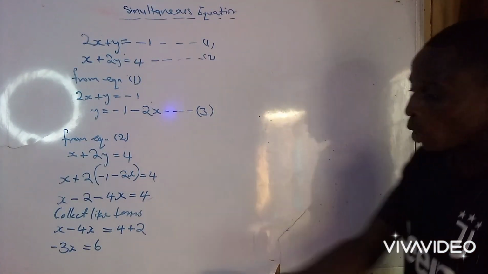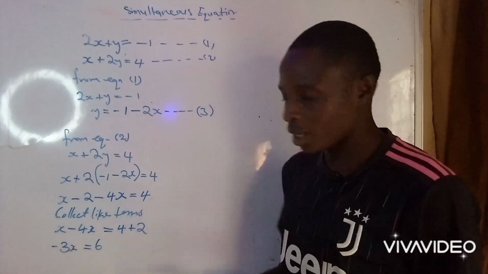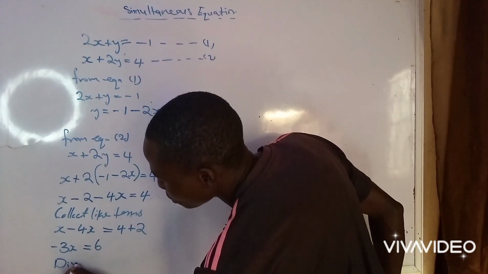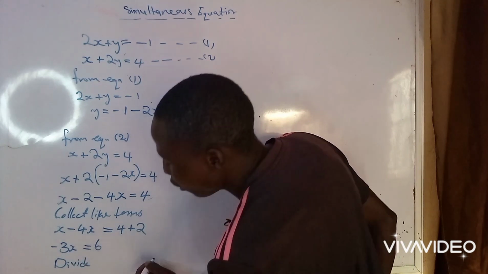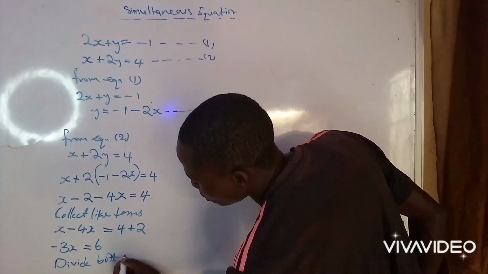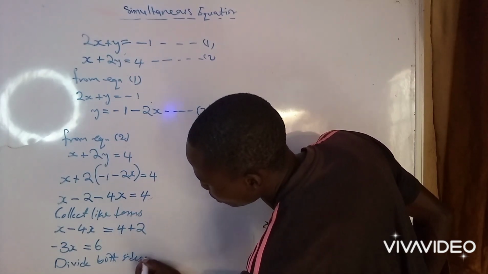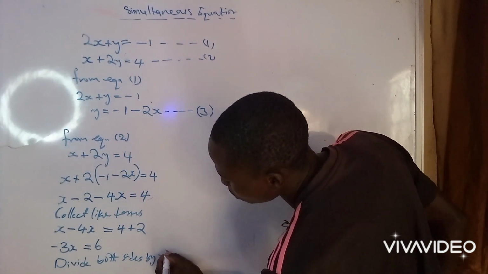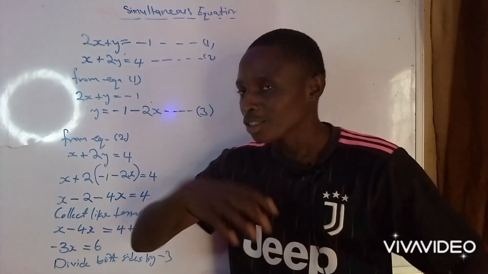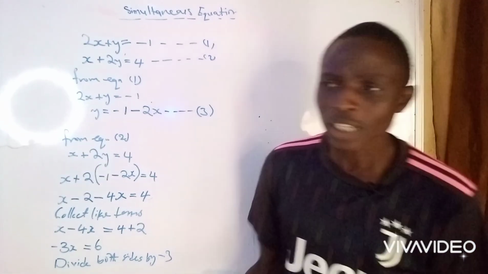So now, we are looking for x, not minus 3x. What we are going to do is to divide both sides by minus 3. Both sides means the right hand side and the left hand side.